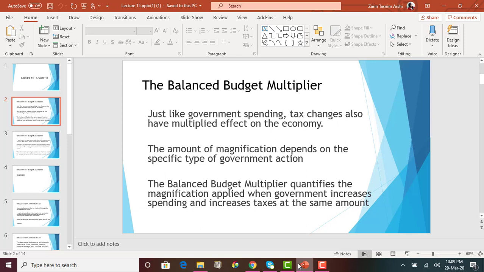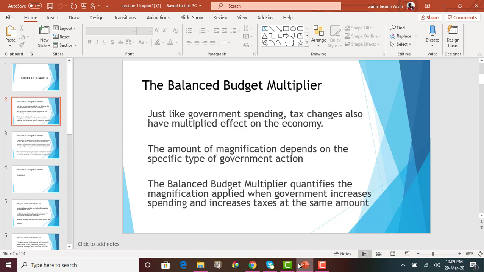To summarize, during times of recession, the government increases expenditure and this causes the output to go up by a greater percentage. But at the same time, in order to finance that, they have to increase taxes.